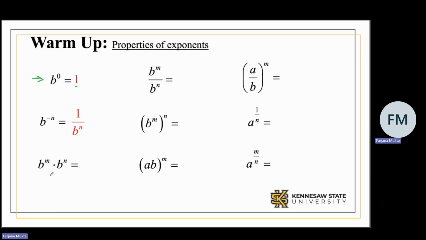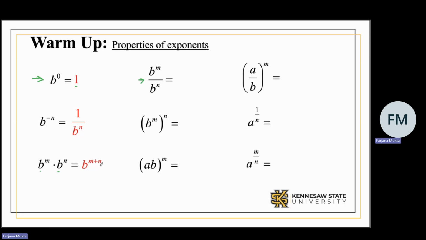Next, we have base b raised to m and base b raised to n, where the bases are equal. How do we combine them? For multiplication with the same base, we add the exponents. Next, what about a quotient?